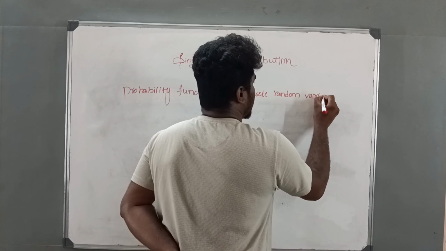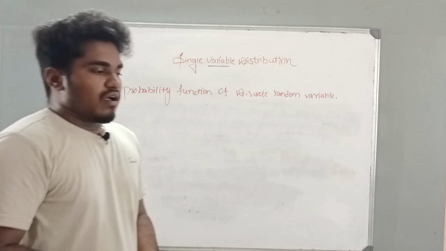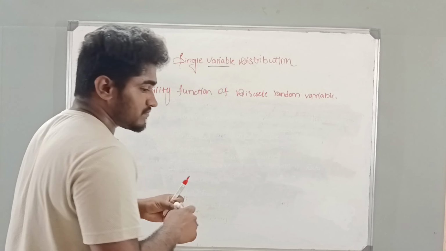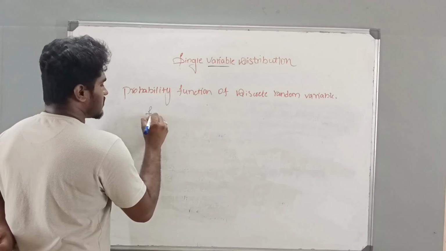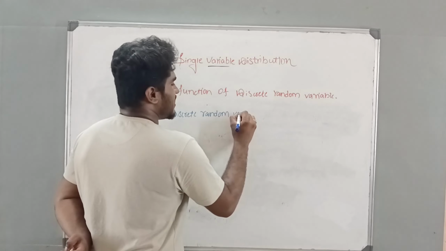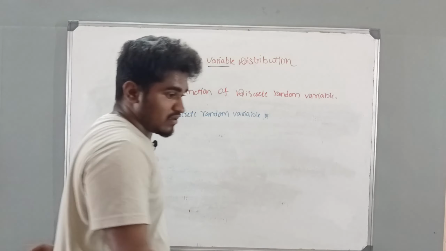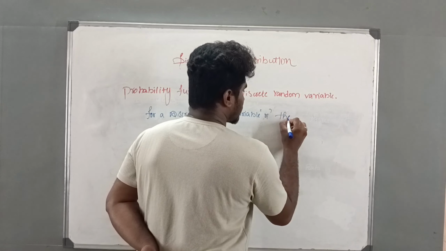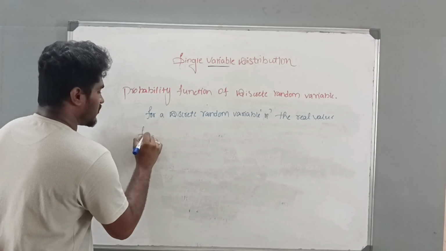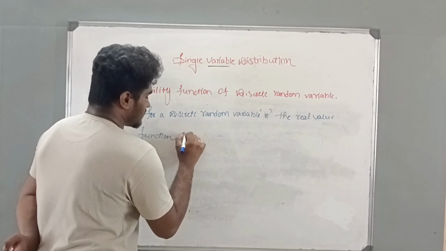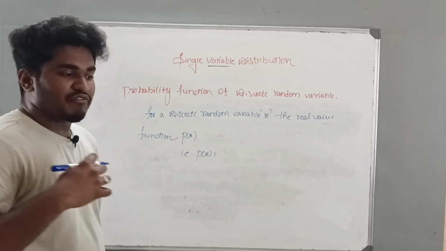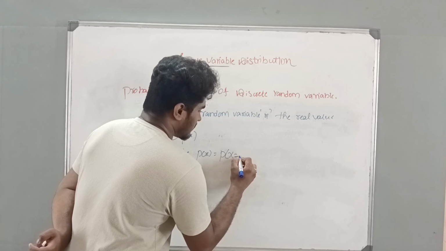For a discrete random variable x, the real valued function p of x is termed p of x equals p of capital X equals small x.